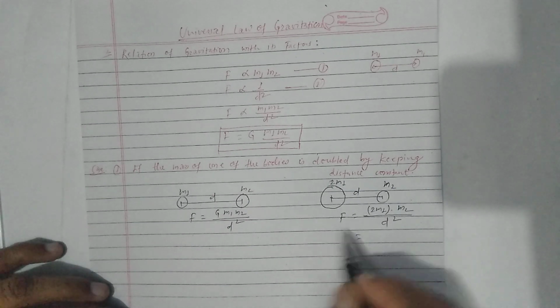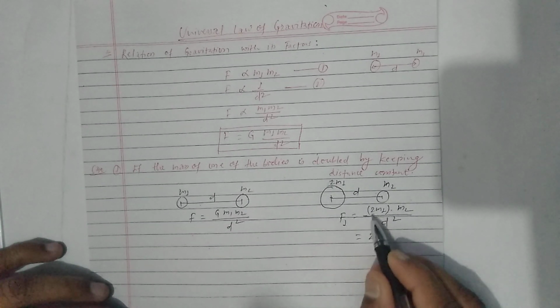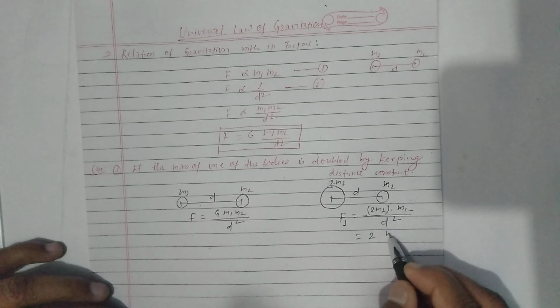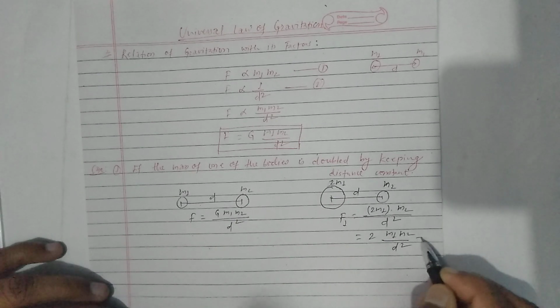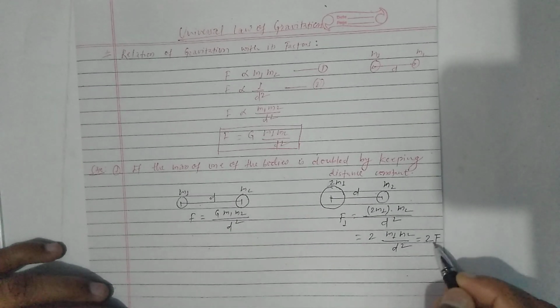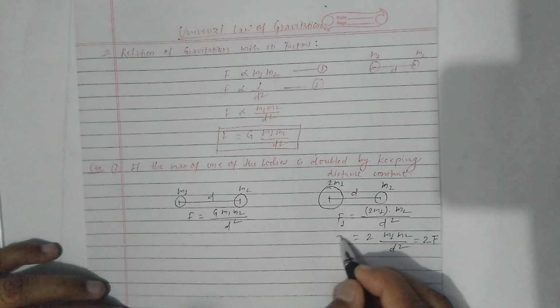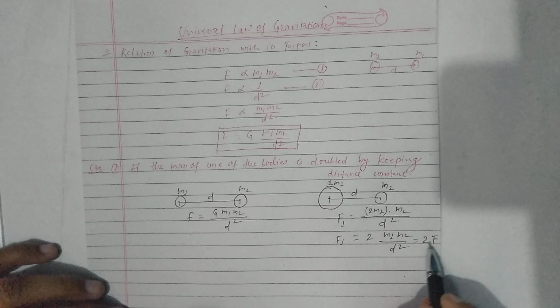So if this is F, this is F1, the value 2 is constant, so 2 comes out: 2 g m1 m2 upon d square. So you can write 2 in place of m1 and m2, this is F. So you can write 2 times F. Hence F1 equals 2 times this force.